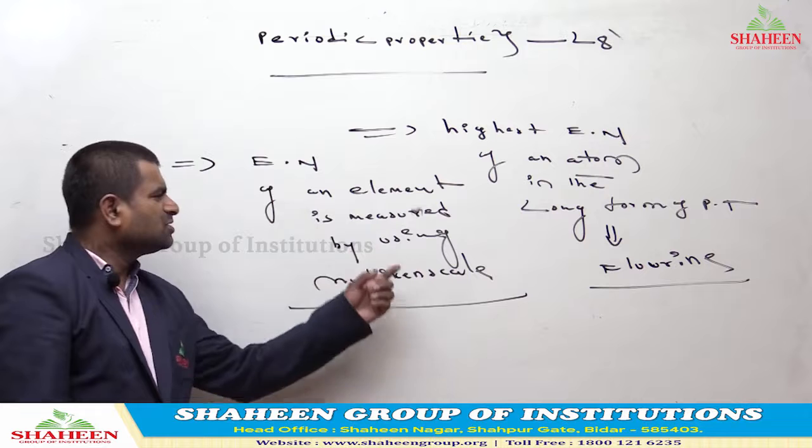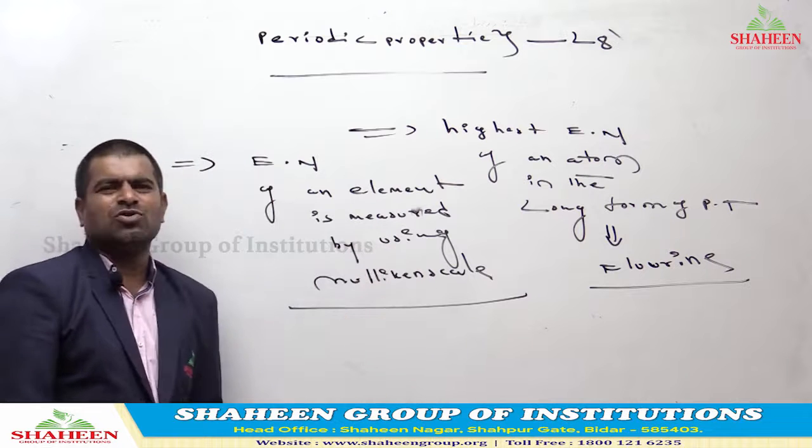Electronegativity of an element is calculated by using one scale, called the Mulliken scale.